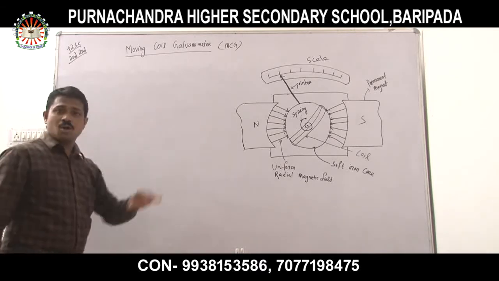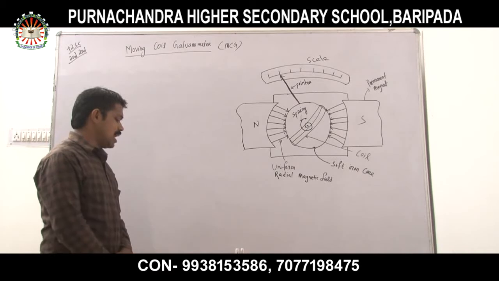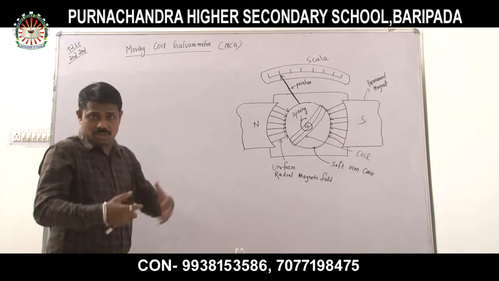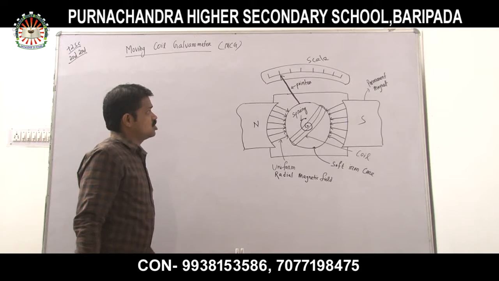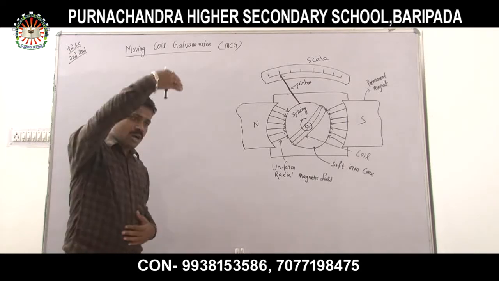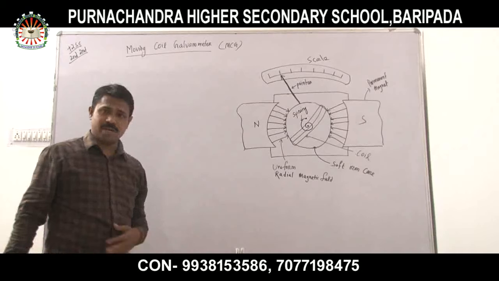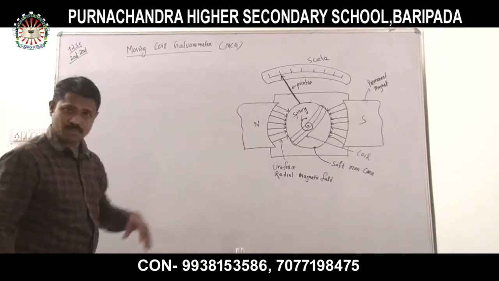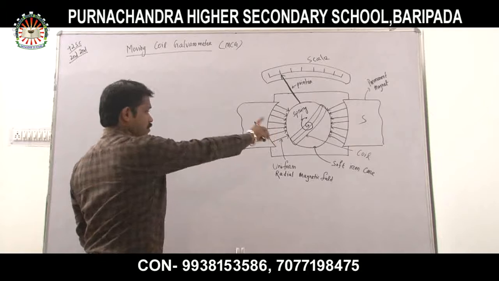Now come to our construction part. Let us see how the moving coil galvanometer is constructed. All of you look at the figure very carefully. This is the structure, that means if we cut the cross-sectional view of a moving coil galvanometer, then it looks like that. What does it consist of? Look here.